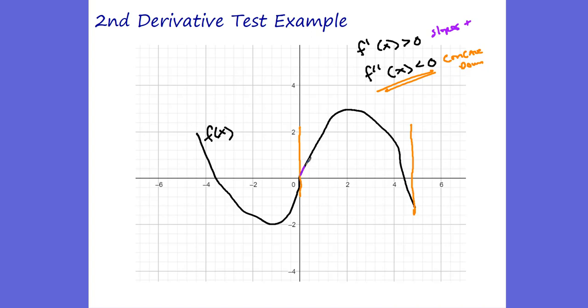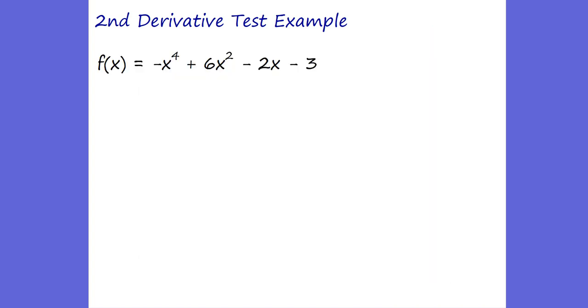The slopes are going up, all my slopes are going up till this critical value right here. So the stipulation of f prime of x greater than 0 and f double prime less than 0 is this area, this function right here between approximately 0 and 2. That is an example of a type of second derivative problem.